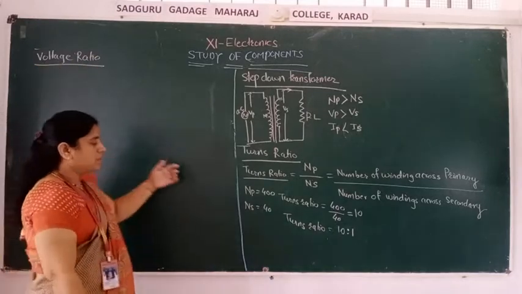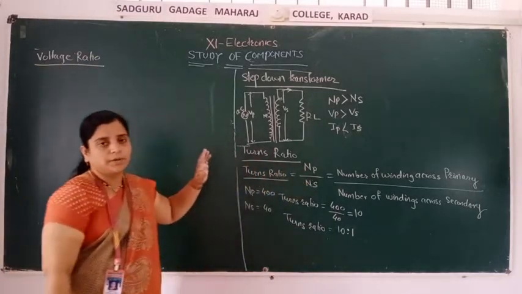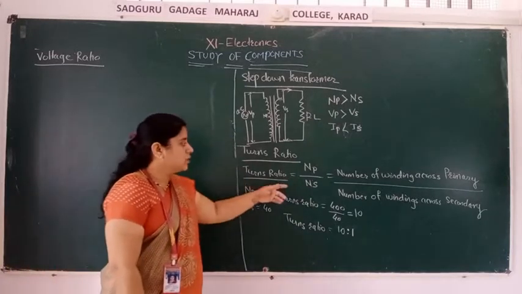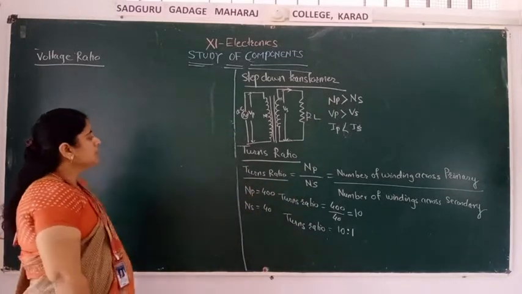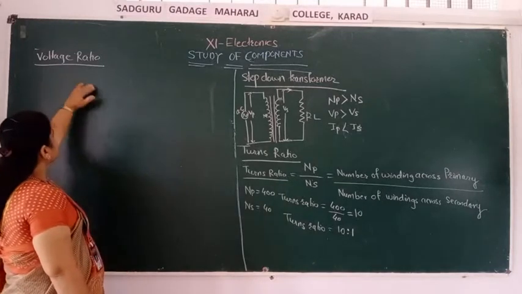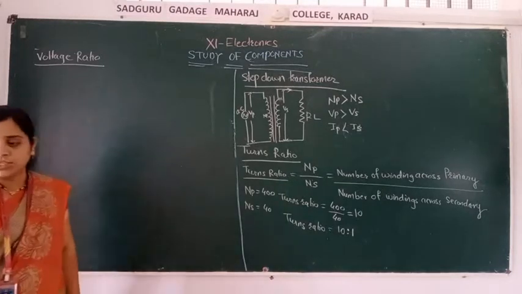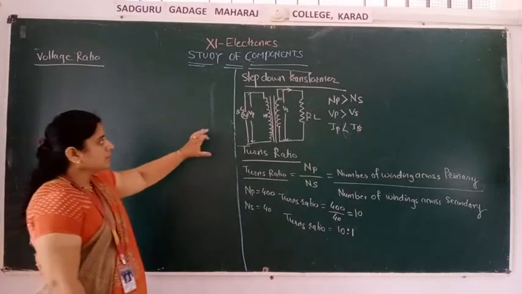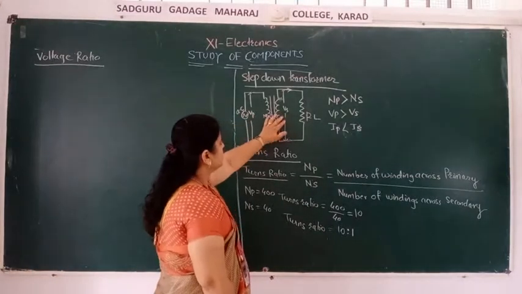In this transformer we have seen the turns ratio: number of turns of the primary divided by number of turns of the windings of the secondary is called the turns ratio. Exactly similar to that is the voltage ratio. What is the voltage across that? This VP and VS.